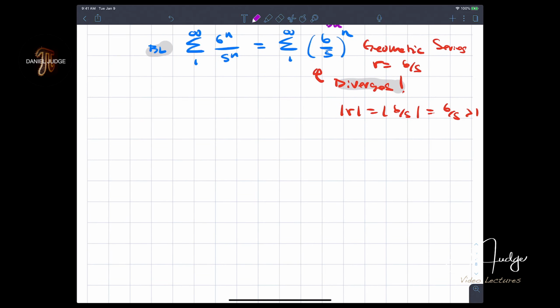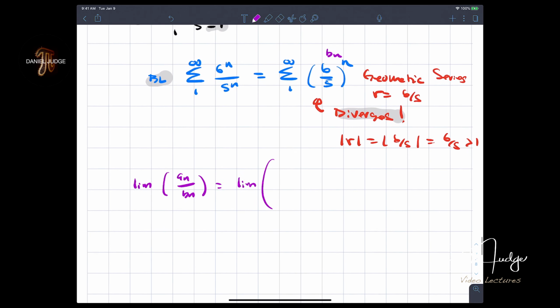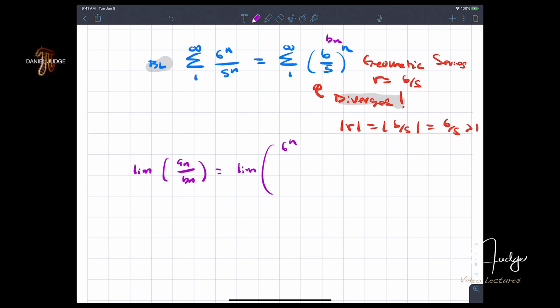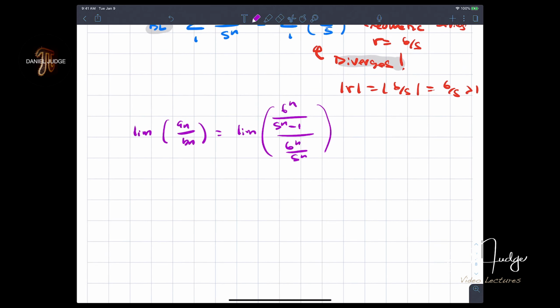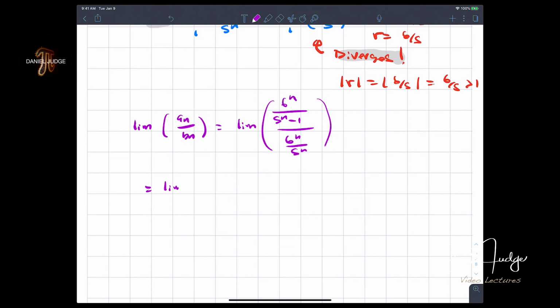So by the limit comparison, we take the limit of the ratio a_n over b_n, which is the limit of, and again, it's going to be some algebra. a_n is 6 to the n over 5 to the n minus 1, and this is 6 to the n over 5 to the n, which will be the limit of 6 to the n over 5 to the n minus 1 times, remember, you multiply by the reciprocal, 5 to the n over 6 to the n.